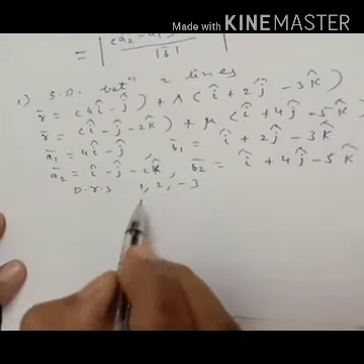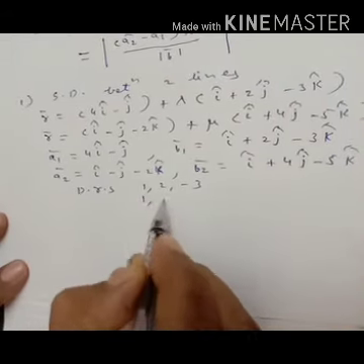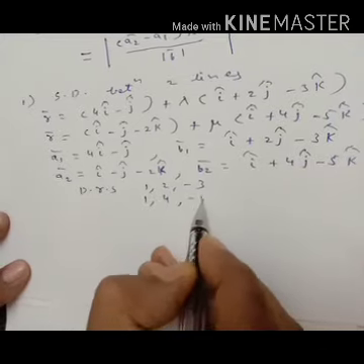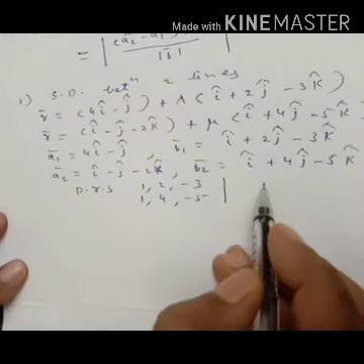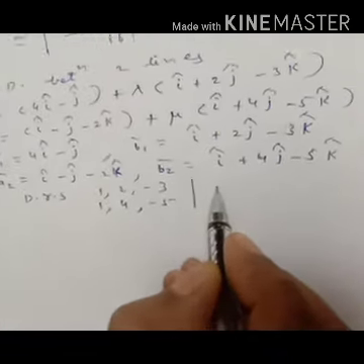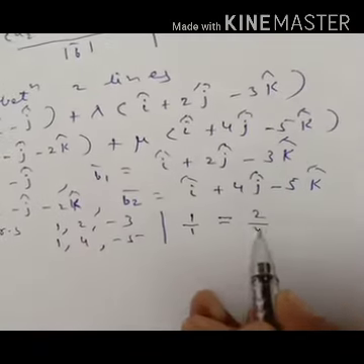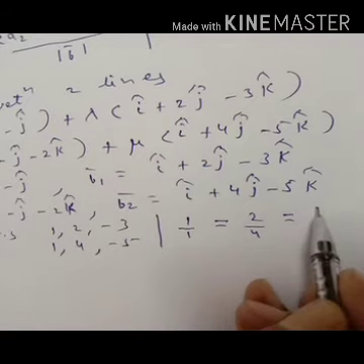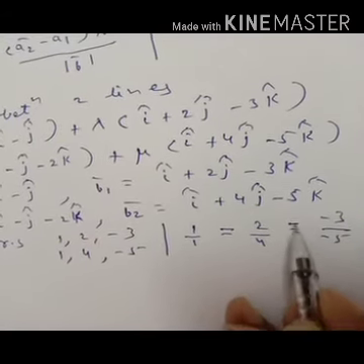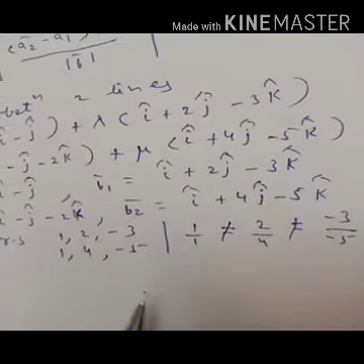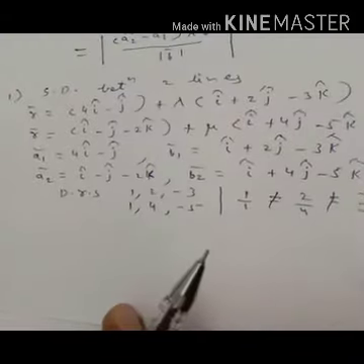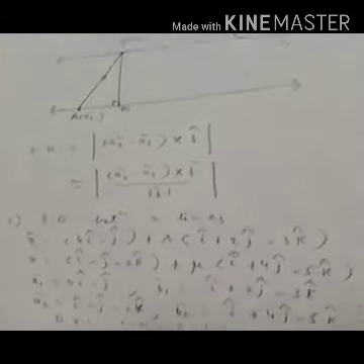Direction ratios of b2 bar are 1, 4, minus 5. We can observe that these numbers are not proportional. The ratios of direction ratios are not equal. It means that the given two lines are not parallel.